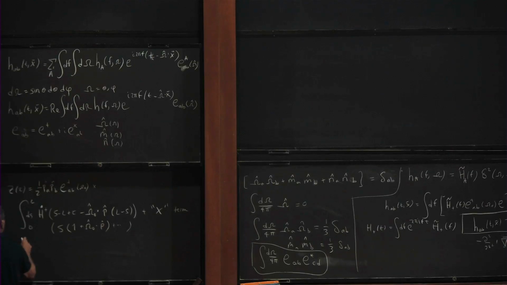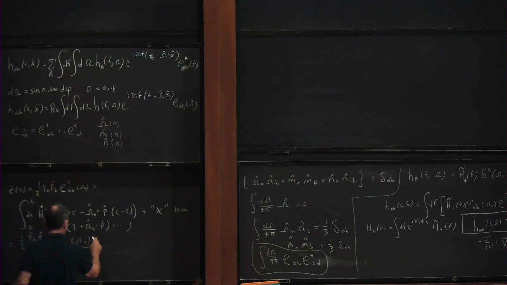So we're going to get 1/2 PA hat PB hat, and I'm going to stick the E here, E plus AB omega 0, divided by 1 plus omega 0 hat dot p hat.